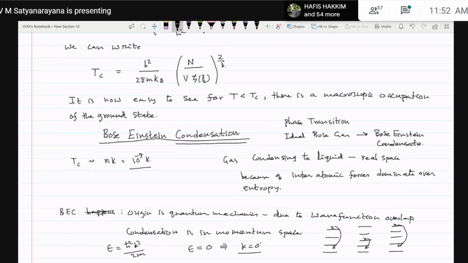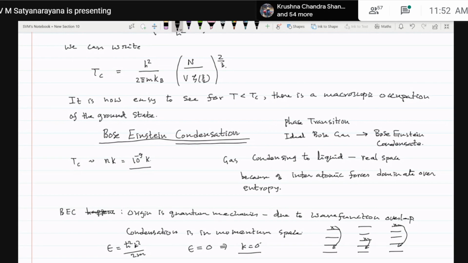So this kind of jumping is not like if you have a gas filling the entire chamber, when it becomes liquid, then it will settle onto the bottom of the chamber, right? That is how gas-liquid condensation takes place. Or it will be settling onto the walls of the container. So like that, there is no physical space condensation.